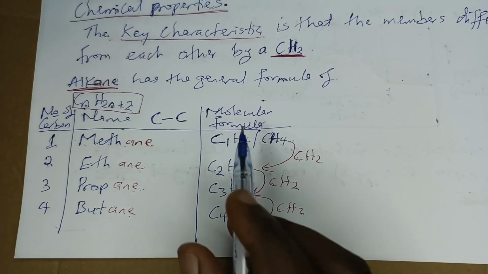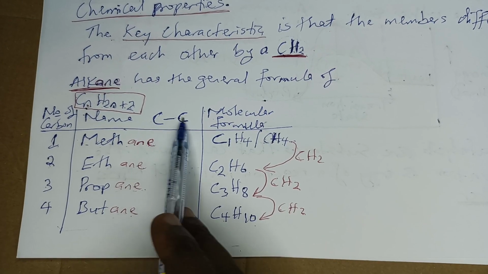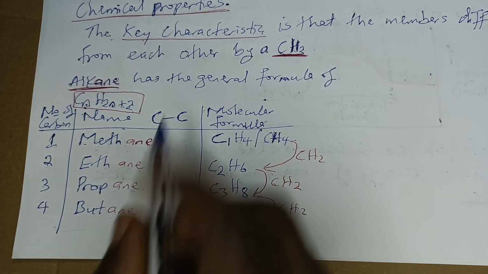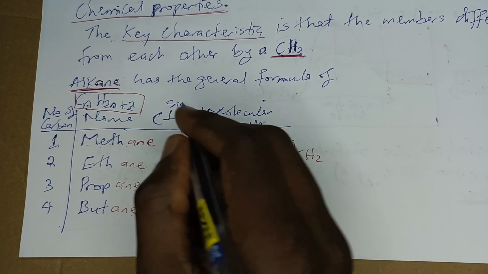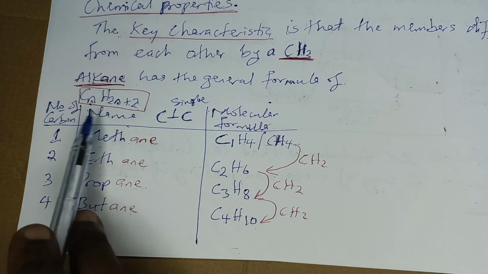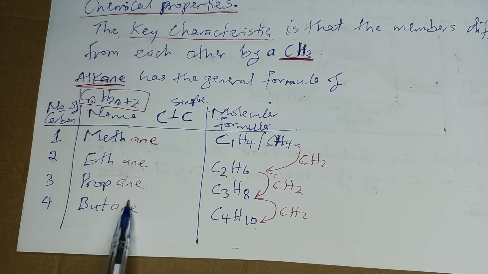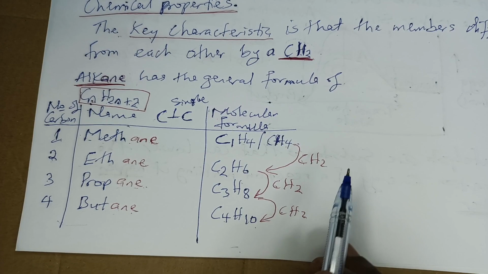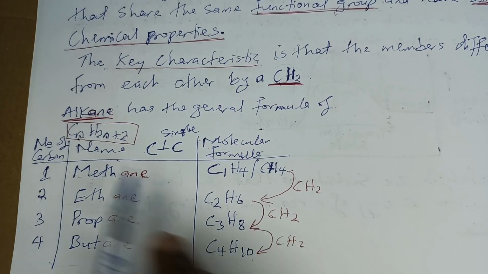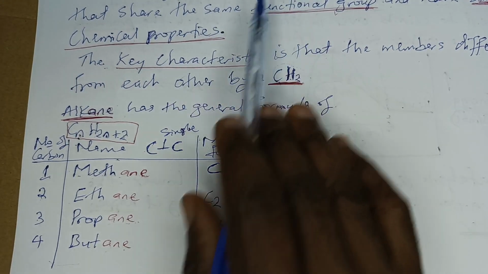This is a single bond, and they bear the same name, alkane. So ANE finishes everything. They belong to the same functional group called alkane. So that's one of the properties of a homologous series.